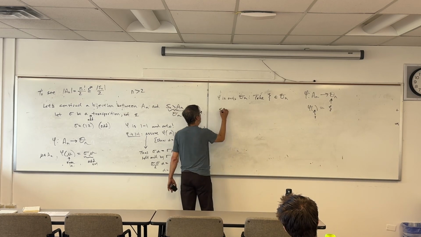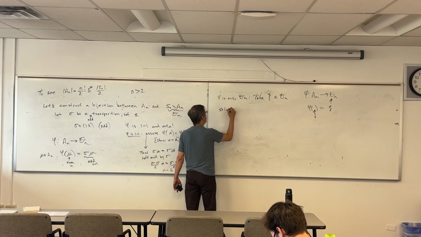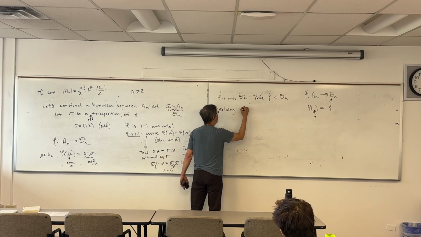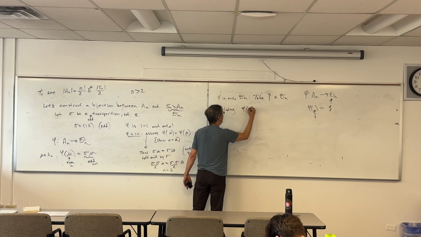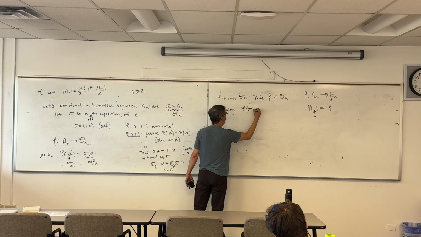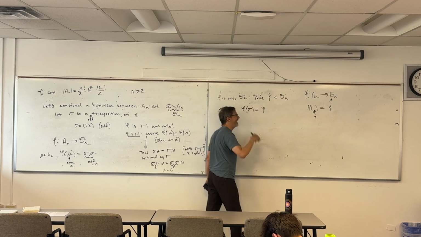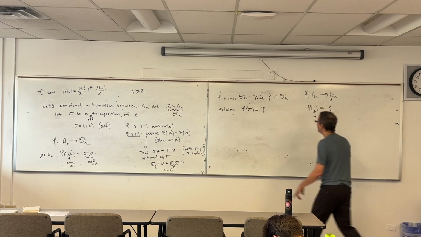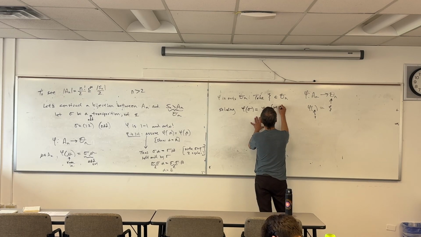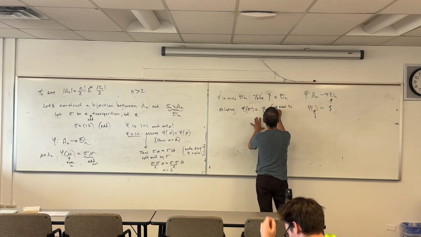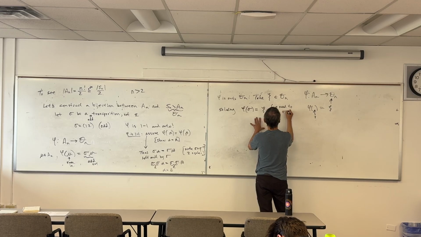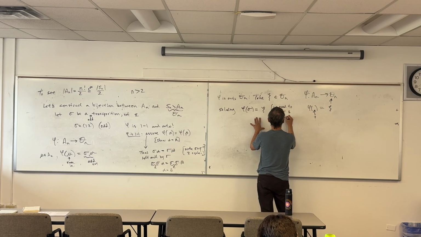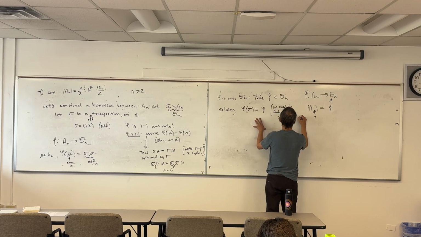So, solving phi of sigma equals xi, I need to find sigma. So let's just put a little note here. We need to find sigma and show it's even.